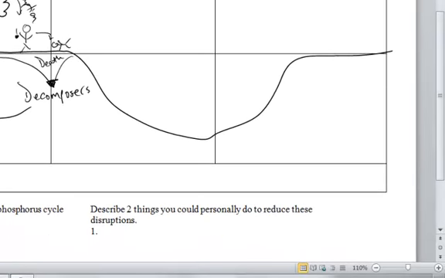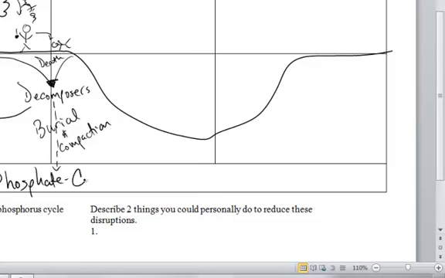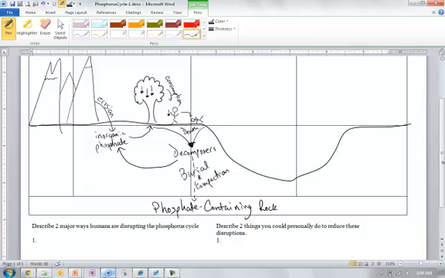Some of that phosphate, though, will not be taken up by the soil, and it will undergo burial and compaction. And it will produce phosphate-containing rock.